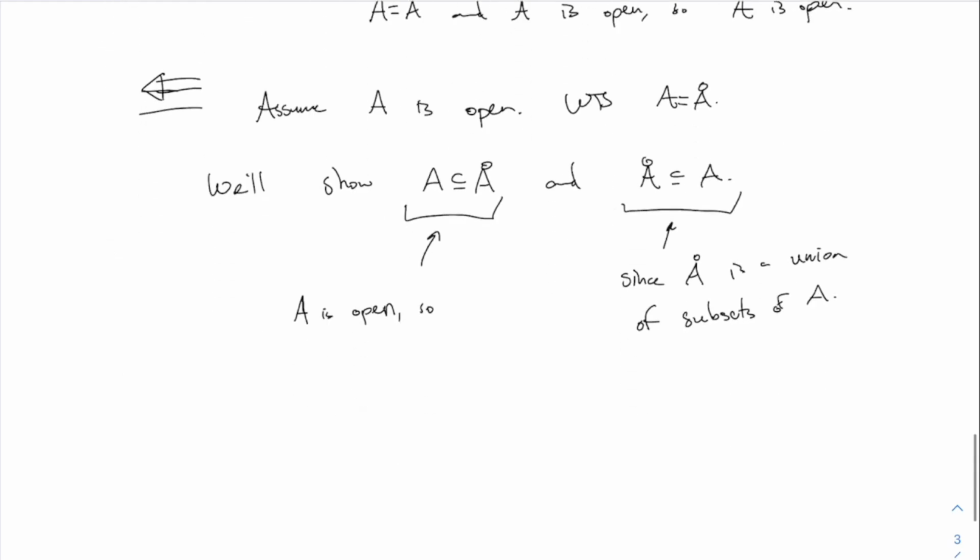So A is open, so A is a subset of A interior by the number 2 that we just did. Because the interior is the biggest of all the open sets. So if you have another open set, it has to be a subset of the interior. That's what that is all about.